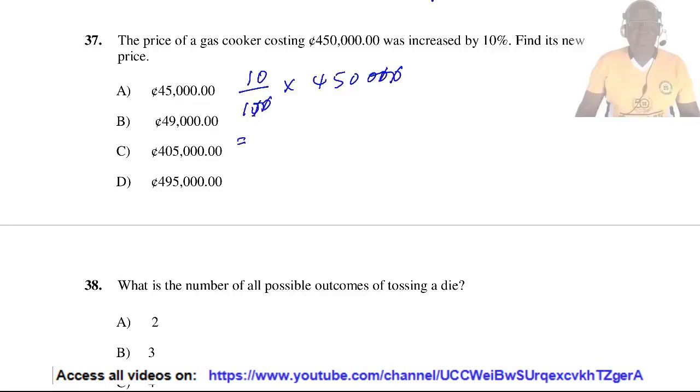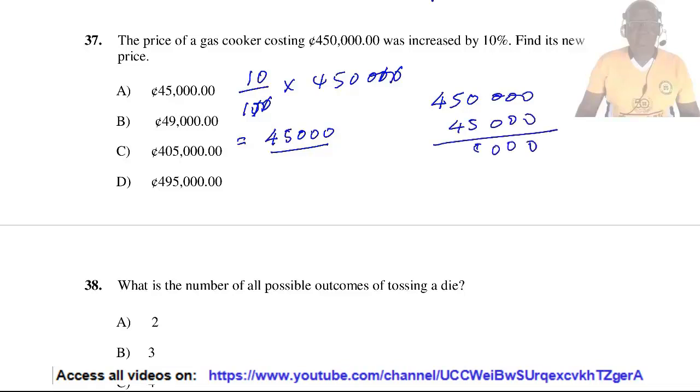So the answer is going to be 45,000. So that is the increase in price. So the new price is going to be equal to the original price, that is 450,000 plus 45,000, which is 495,000. So the answer is D.